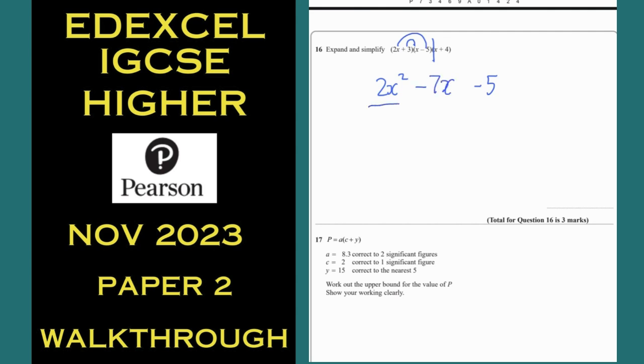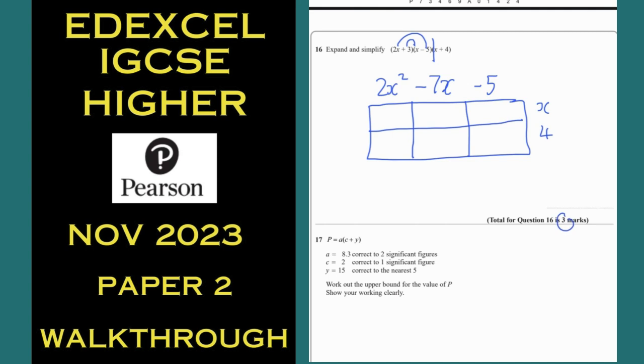There we go. So I always expand the first 2 brackets by either loops or sight, but the final bit, there's 6 loops going off. I don't like to risk it. Do a grid. Keep it safe. They're 3 marks. You want all 3, not 1 or 2.